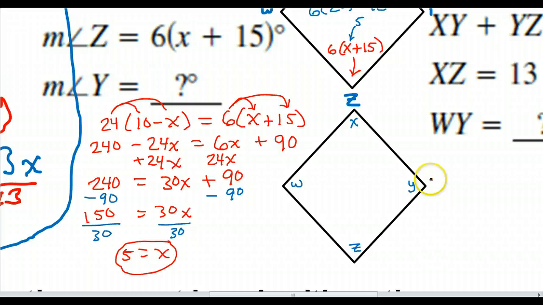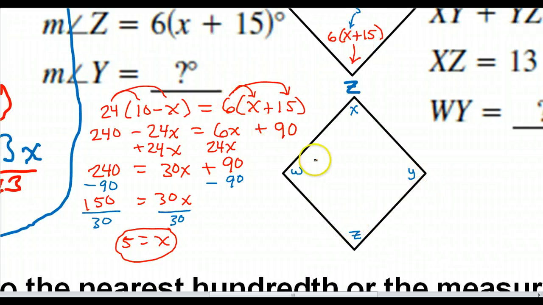So that means if I plug this in and got 120, these angles are 120. So this is 120 degrees, and this is 120 degrees. But these angles will be supplementary.